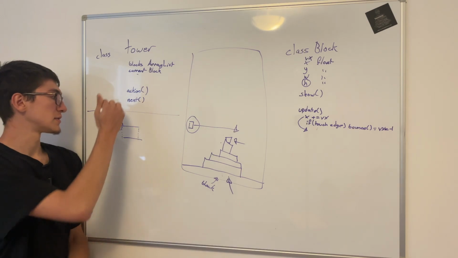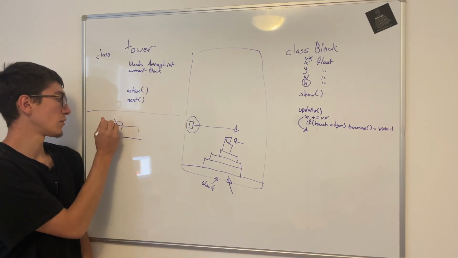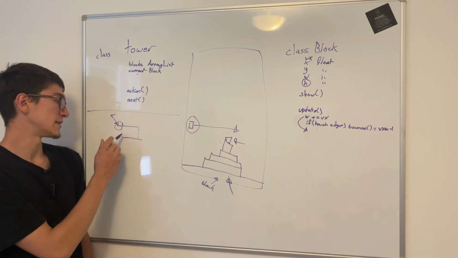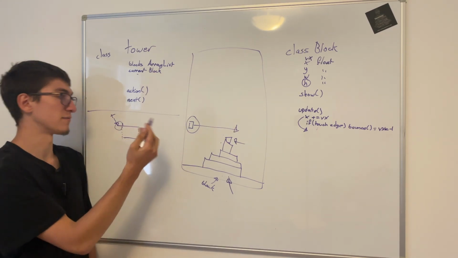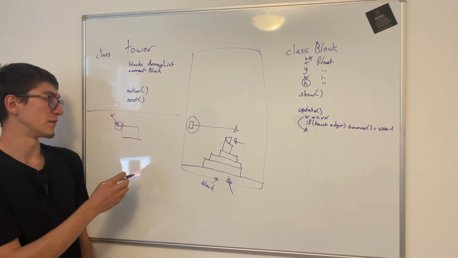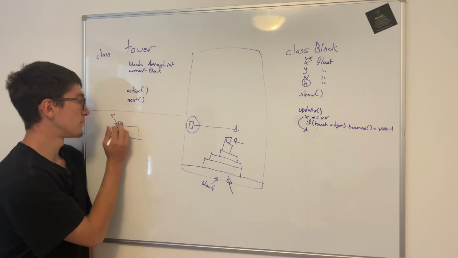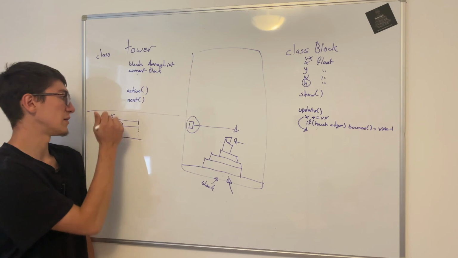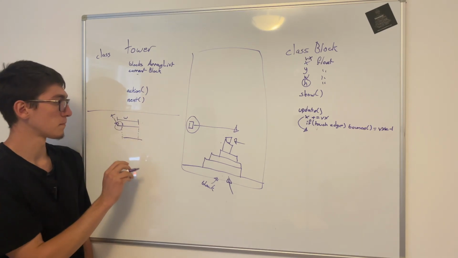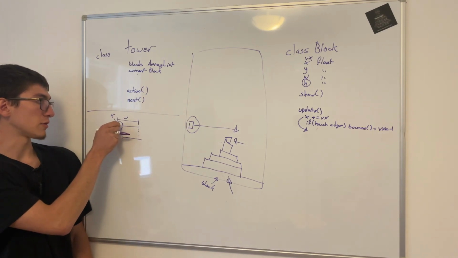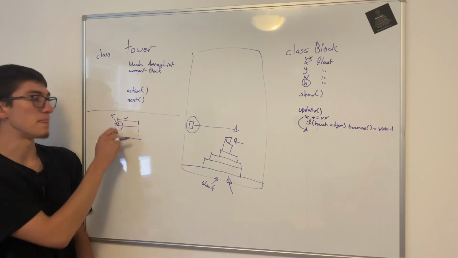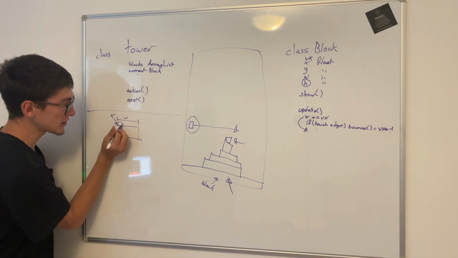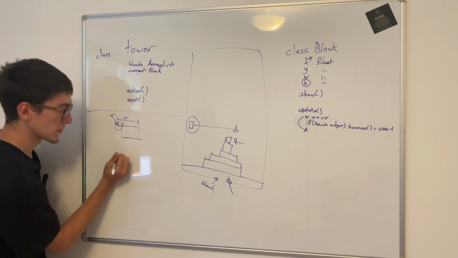This point here is the X of the block, and the same goes for this one, it's the X of the latest block in the block list. This whole thing here is the width, the W. So we need to calculate this specific value and then subtract, and then we need to move the X to be here. Let me redraw it.